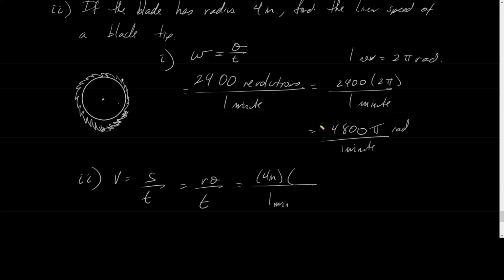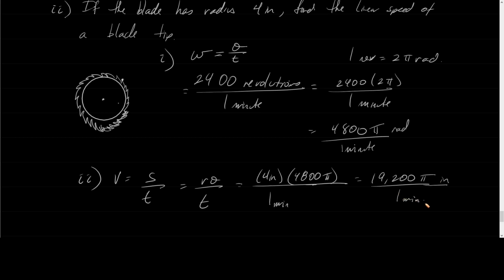The angle we found over here: we converted these 2400 revolutions into radians by saying one revolution was 2 pi, so we got 4800 pi. At that point, 4 times 4800 would be 19,200 pi, and this is in inches per minute.